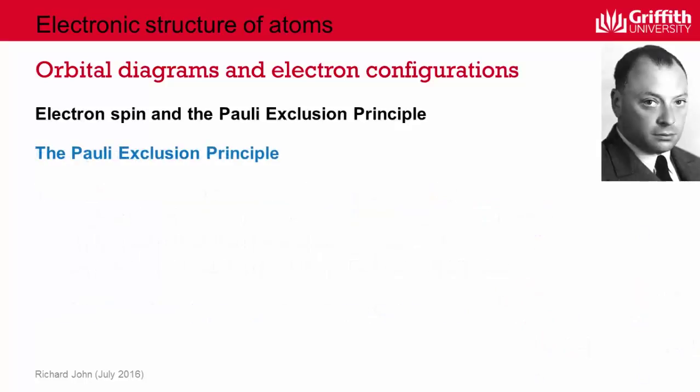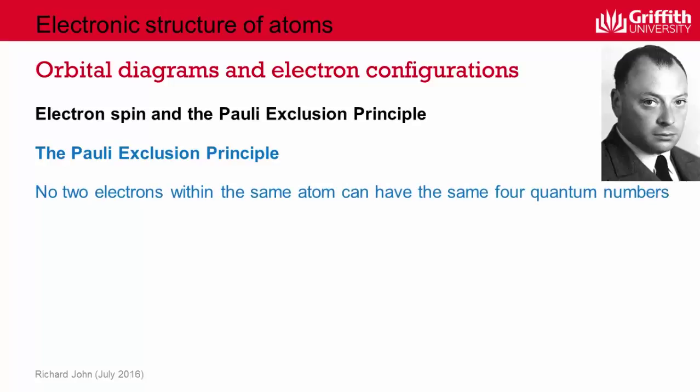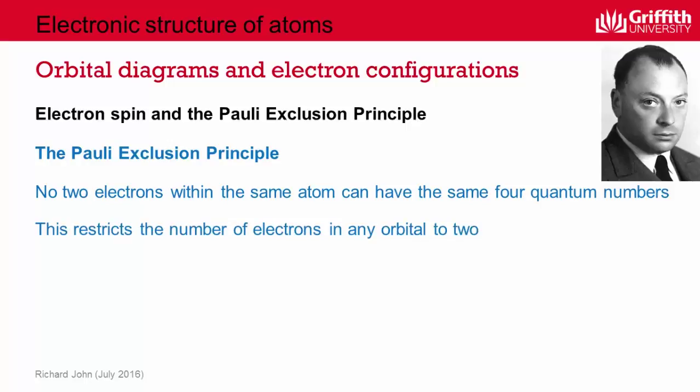Now it turns out that each electron in an atom has a unique set of quantum numbers. In other words, no two electrons within an atom can have the same four quantum numbers, and this is known as the Pauli exclusion principle and was first postulated by the Austrian physicist Wolfgang Pauli in 1925, leading to a Nobel Prize in Physics in 1945.